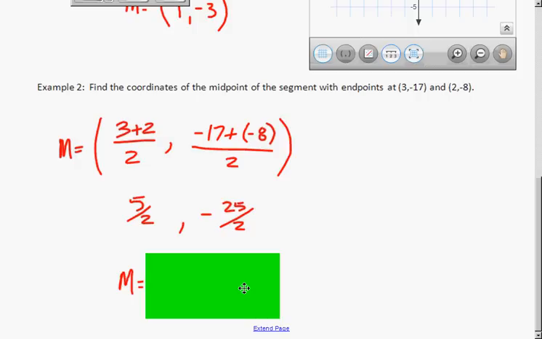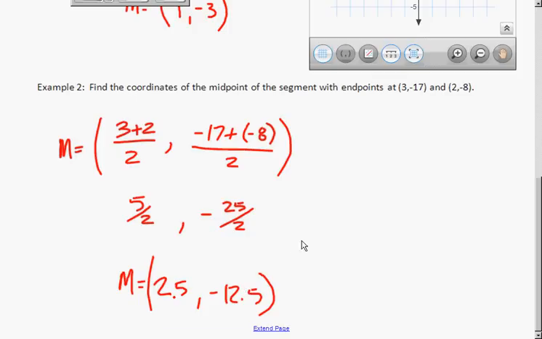Since you're talking midpoints and distances, it's much easier to think of a distance in decimal format versus in fraction form. So I like to have my midpoints and distances in decimal form. So 5 halves is really 2.5, and -25 halves is -12.5. The answers will be displayed as a decimal, so it might be easier for you to have it as a decimal as well.